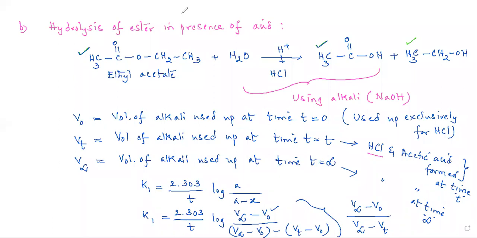It is in fact V infinite by V infinite minus Vt only. But see, every time we are including even that used up for HCl, so that has to be subtracted. So every time it is minus V naught, V infinite minus V naught, even Vt minus V naught. So that finally gives us the required information.